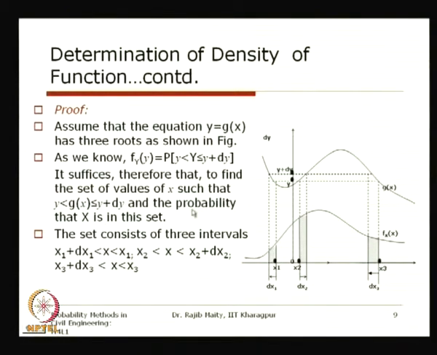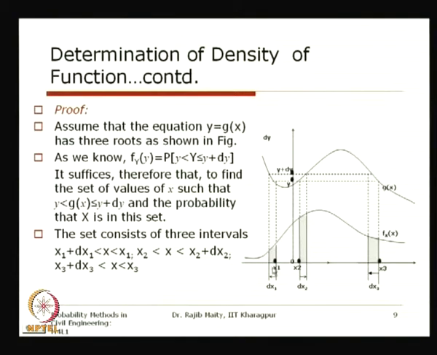So the probability of that set of x means the shaded area here, and we have shown there that these are the three areas. That probability should be equal to this probability, which is the cumulative probability that will form the density from y to y plus dy.